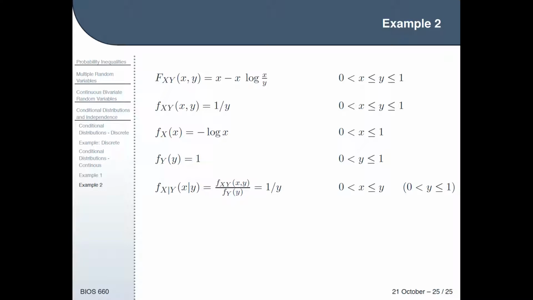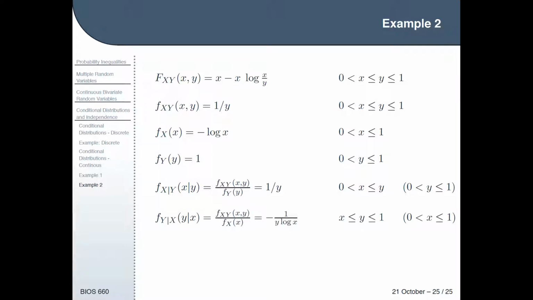The support of this particular conditional random variable goes from 0 to y, because once again, since y is given, the assumption here is that the value of y is known, so the support of this distribution only goes from 0 up to y.